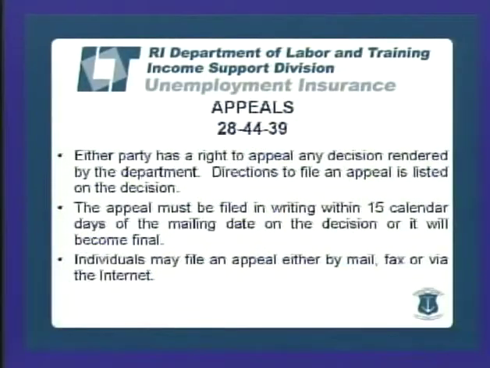Those are calendar days, which is different from the employer separation reform, which is working days. And an individual must do so in writing. So that applies for the employer as well. You can submit an appeal to the department by mail, by fax, or actually on the internet. We're able to do it on the internet now through our website.